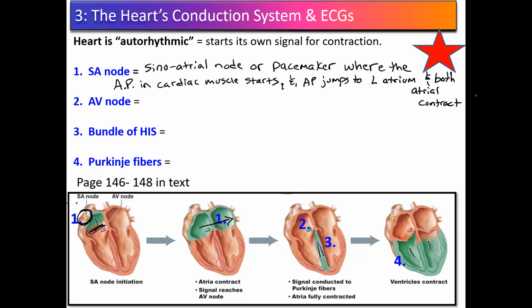Okay, the AV node is this little thing right here in the bottom part of the right atrium. It's called the atrioventricular node.